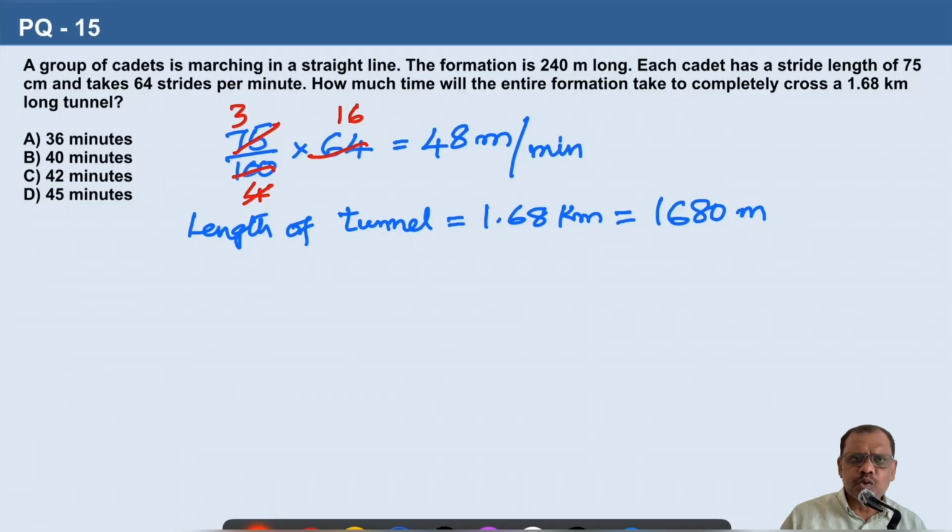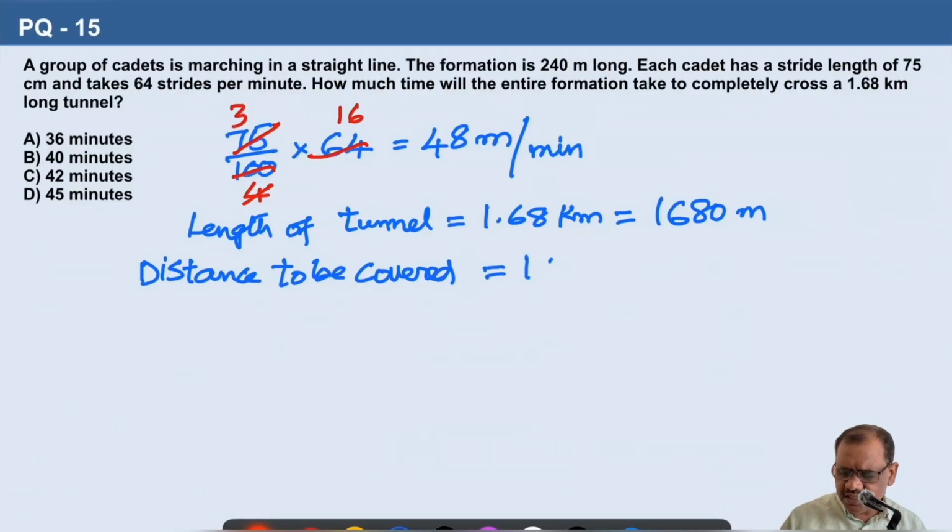Now for the group to cross the tunnel completely, it should cover the length of the tunnel and also the length of the formation. So the distance to be covered to cross the tunnel is the length of the tunnel, 1680, plus the length of the formation.